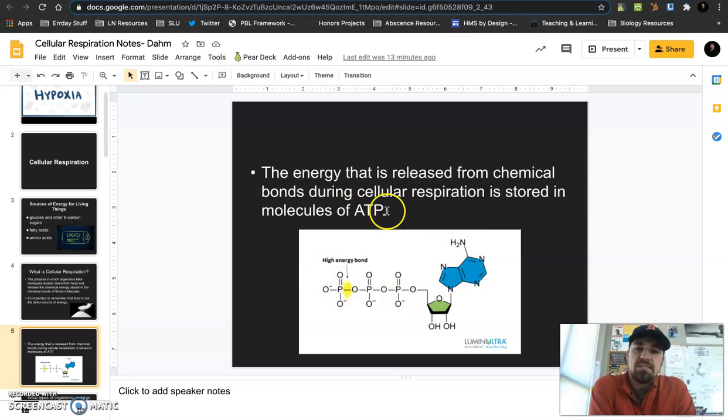ATP stands for adenosine triphosphate. So triphosphate means 3 phosphates. If you look at this molecule right here, you have a P, that's a phosphate. And since this is triphosphate, you see 1, 2, 3. Okay? Now, your cells use this molecule for the energy that it needs to do its functions.